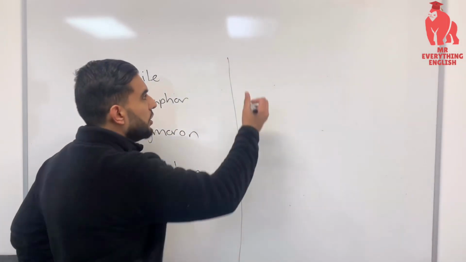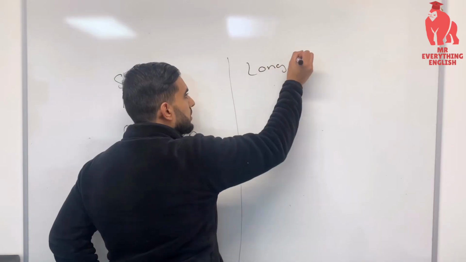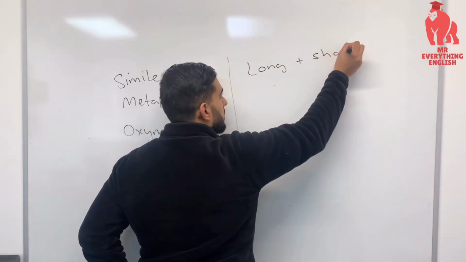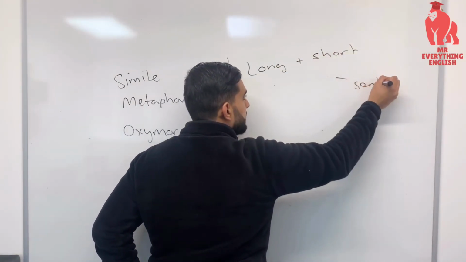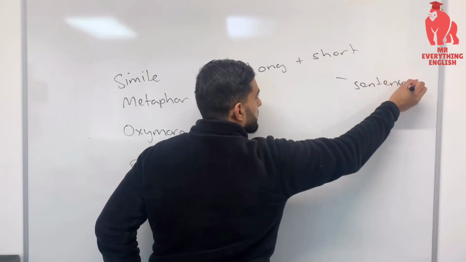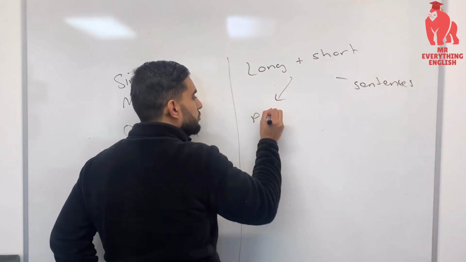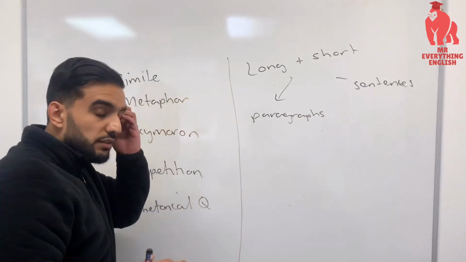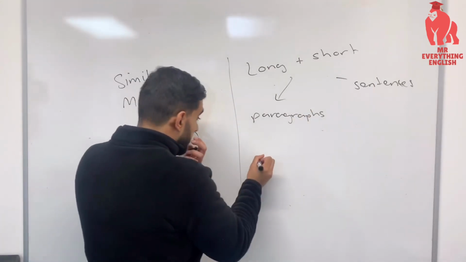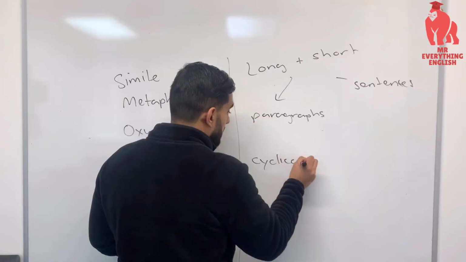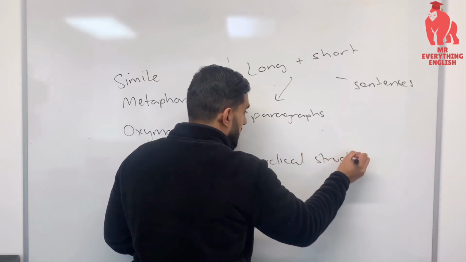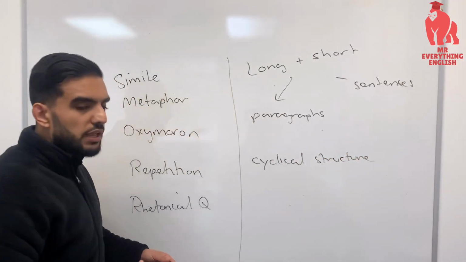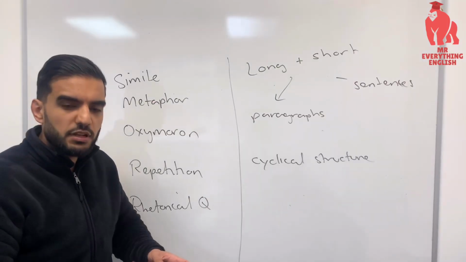Structural devices, you have long and short sentences and long and short paragraphs. Those are your 2 fundamentals. Then you may include things like, you may have a cyclical structure. Guys, a cyclical structure is when you start and you end your story in a similar manner.